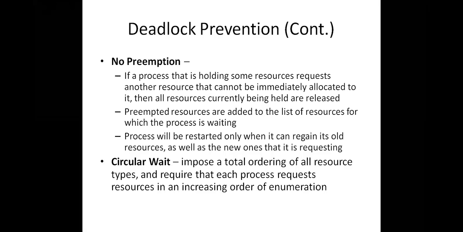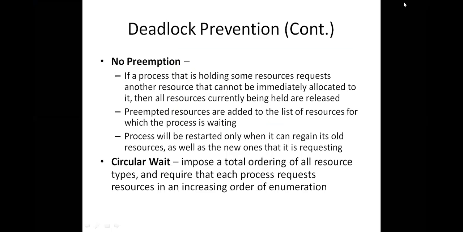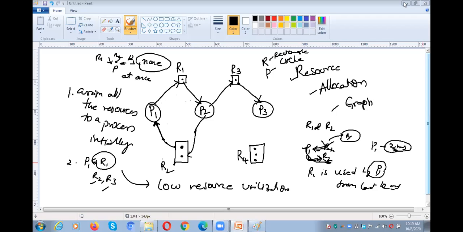So how can we avoid circular wait? Here observe, each process requests resources in an increasing order of enumeration. That means, what is circular wait?